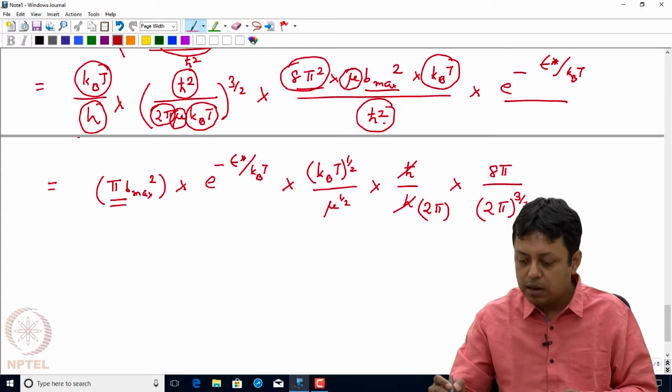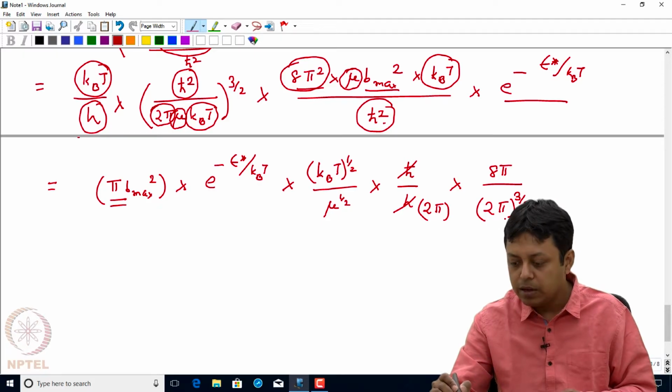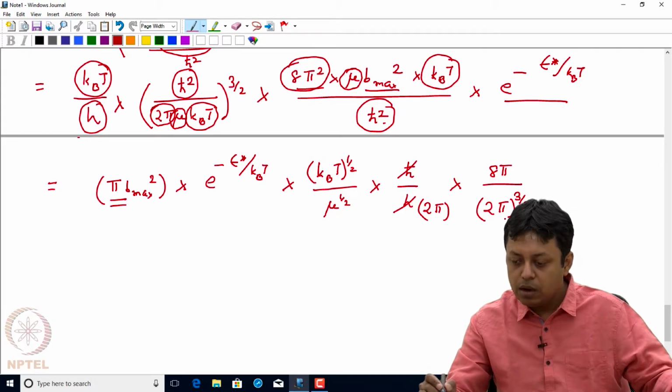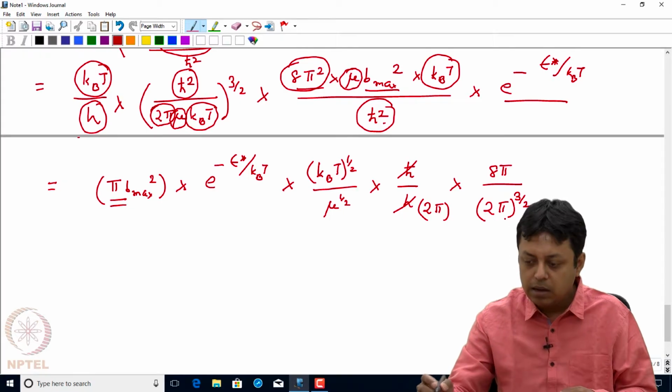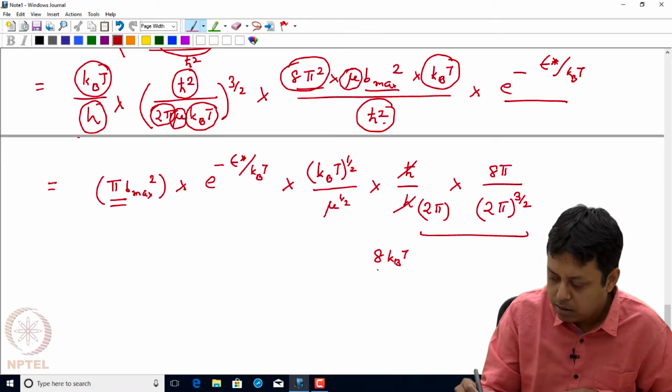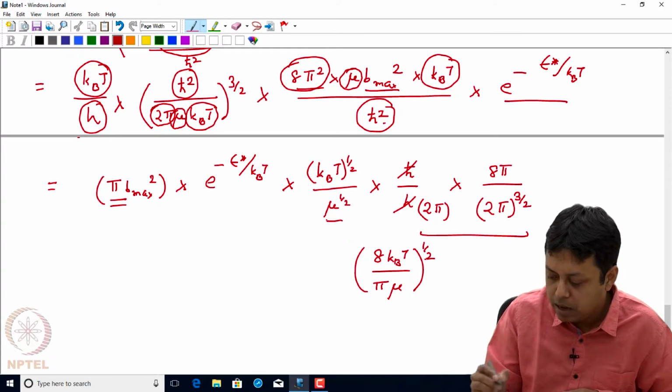So that also we can simplify. So this is 2 pi and 2 pi to the power 3 by 2, it will be 2 pi to the power 5 by 2, and then this is a pi here. So you can easily simplify that, and ultimately, with 2 and 2 to the power 3 by 2, you will get the value of 8 kBT by pi, with a mu here also, the entire thing raised to the power half.